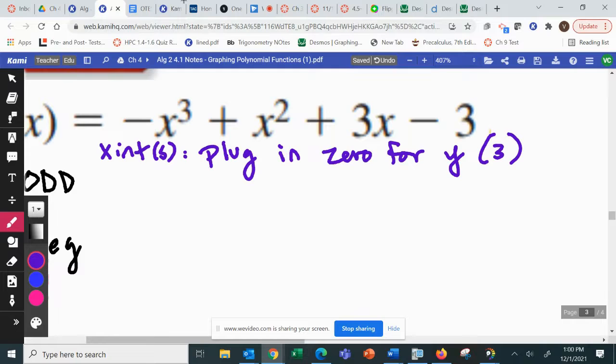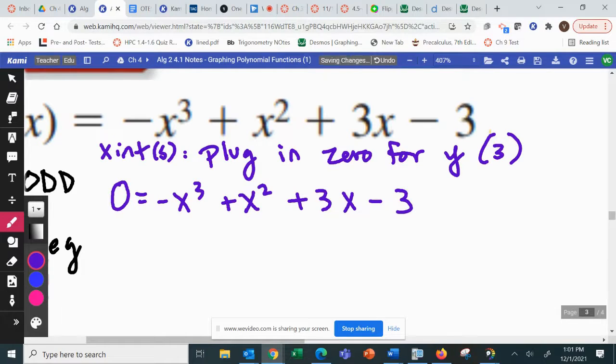Now, let's see. We plug in 0 for y. We get -x cubed plus x squared plus 3x minus 3. So in our chapter on quadratics, when we learned how to solve equations, we learned lots of different ways of doing it. We learned by square roots. The square root's not going to work here, because first of all, it's a cubed, right?